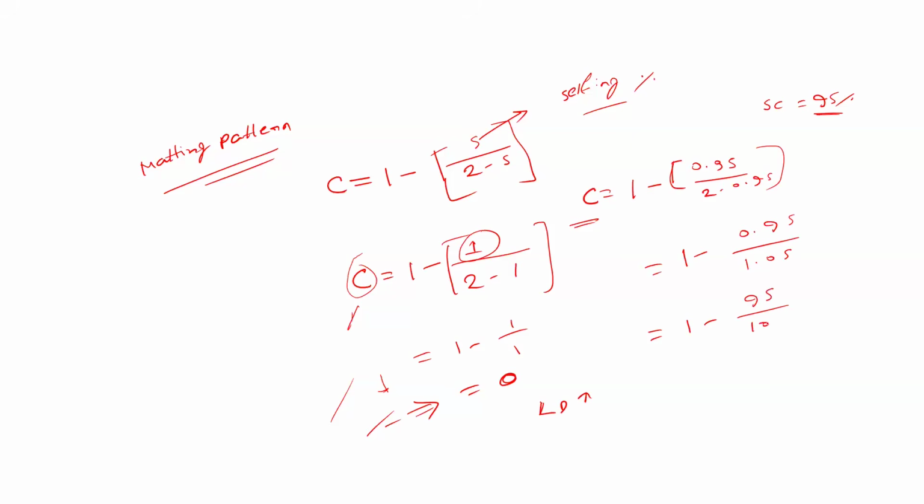It is less than 1, so the crossing over rate will be low.